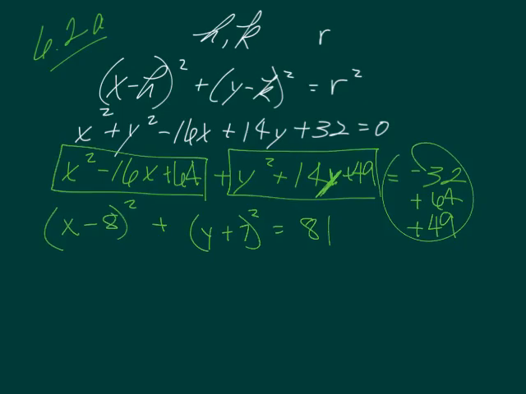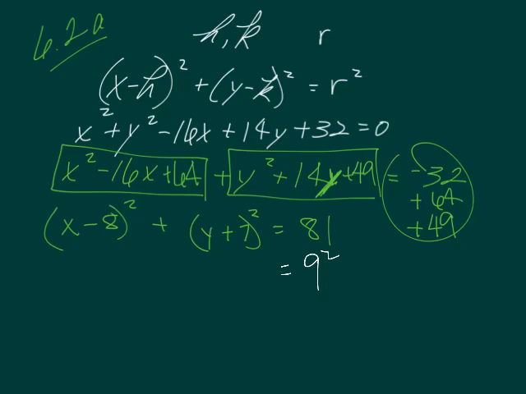Okay, so now I'm in the right format. This 81 is actually r squared. This is not the radius, this is the radius squared. So in order to find the radius, we have to take the square root of 81, and that gives us 9, because that's the same as 9 squared.